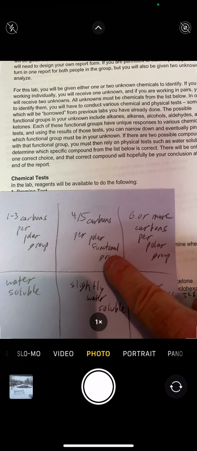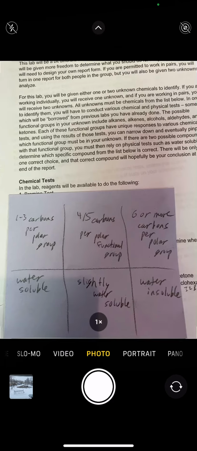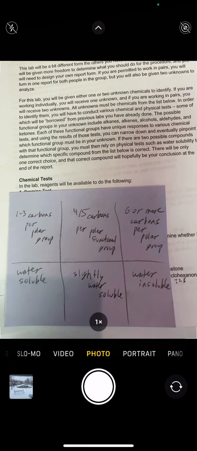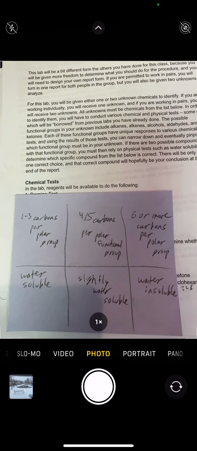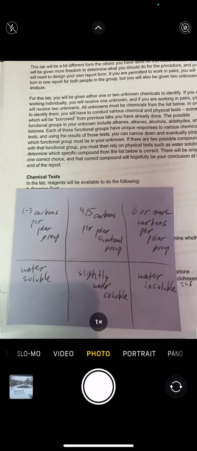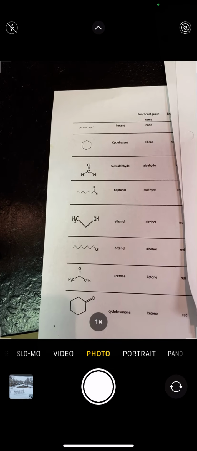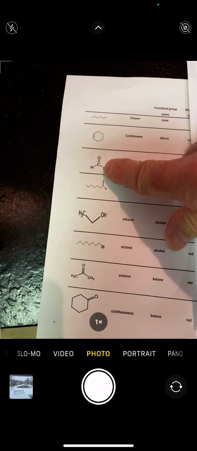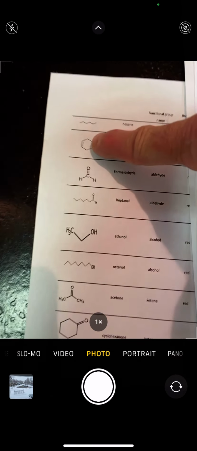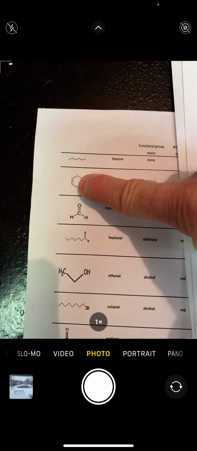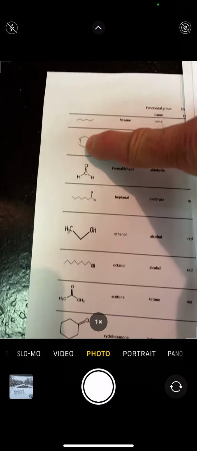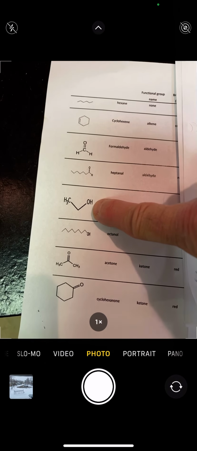Polar functional groups are things that have oxygen, things that have nitrogen, and halogens for the most part, chlorine, bromine. So in our examples here, if you have an oxygen, you have a polar functional group. If you have a carbon-carbon double bond, that is not a polar functional group. An OH is a polar functional group.